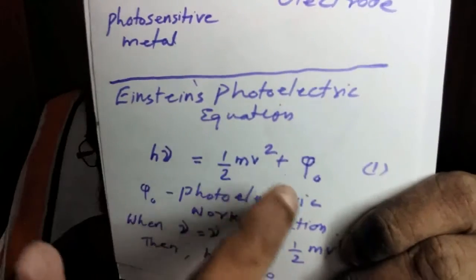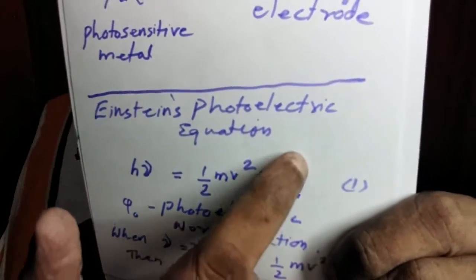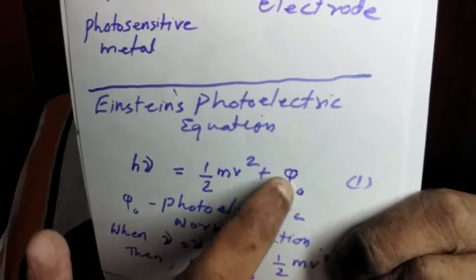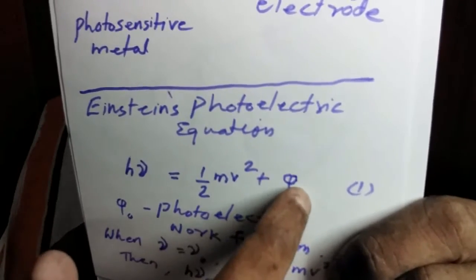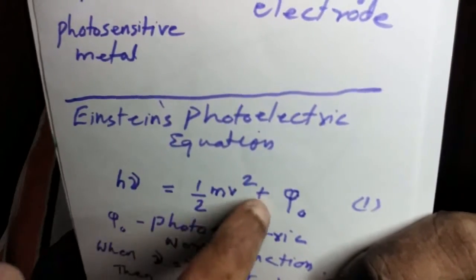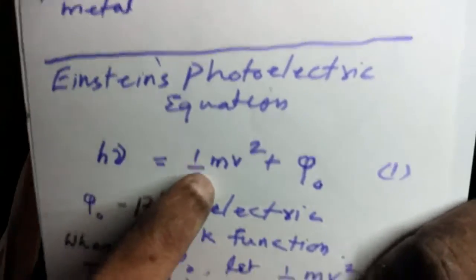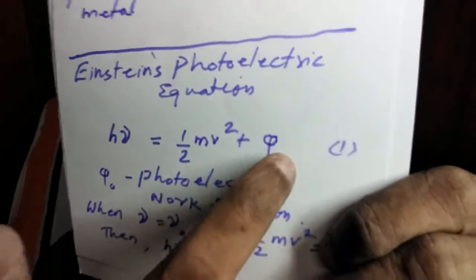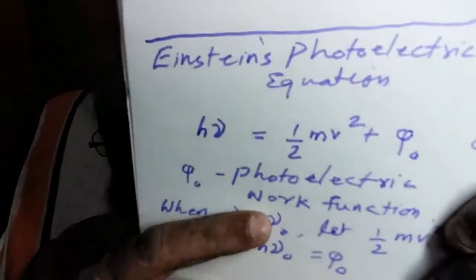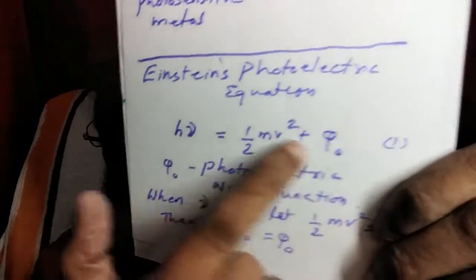A part of this is utilized to liberate or to free the electron from the metal surface, that is phi 0. The remaining energy is converted into kinetic energy of the electron. So h nu must be equal to half mv square plus phi 0. This phi 0, that is the minimum energy required to free the electron, or to liberate the electron from the metal, is known as photoelectric work function. So this is the basic equation of Albert Einstein.